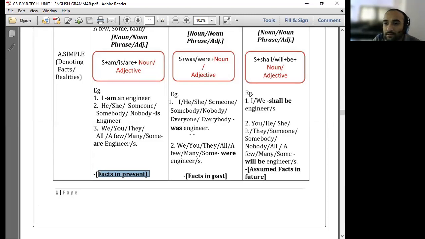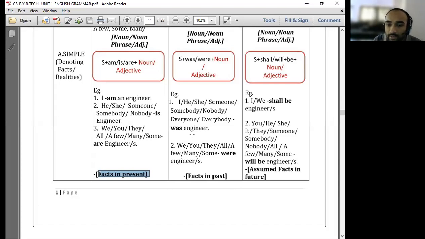But just keep in mind that we have to use was after singular subjects, and were is used after plural subjects.